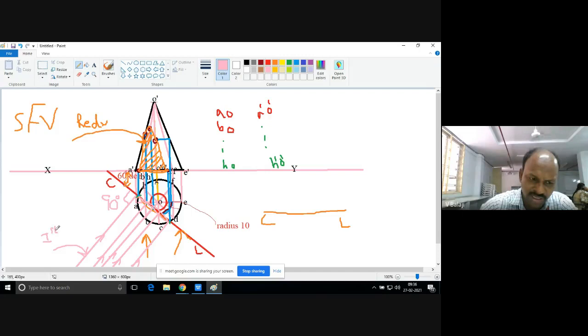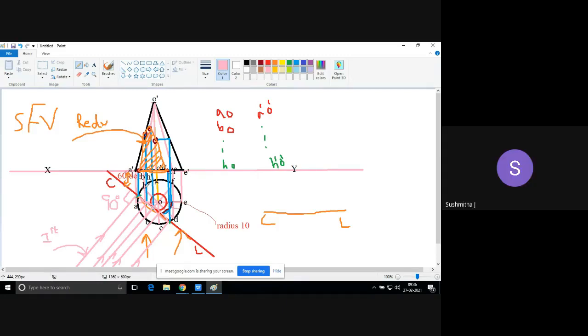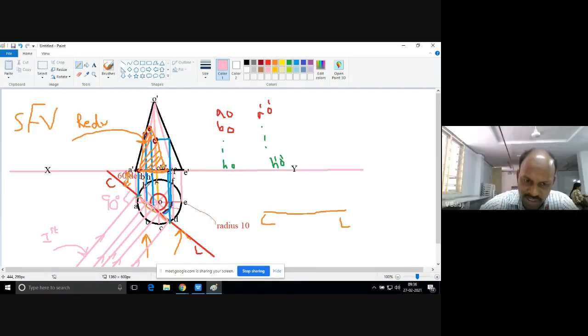Understand how to get one point on this first line. Now here this cutting point is common between A and H, right? Are you following? This first cutting point is between A and H. Am I right? Yes, sir. Okay.